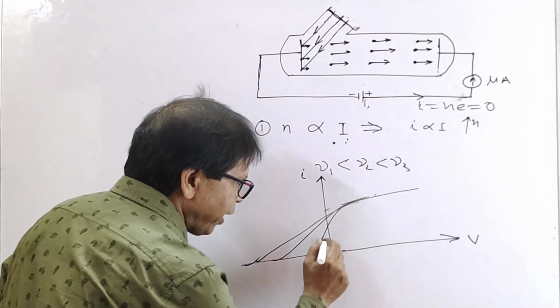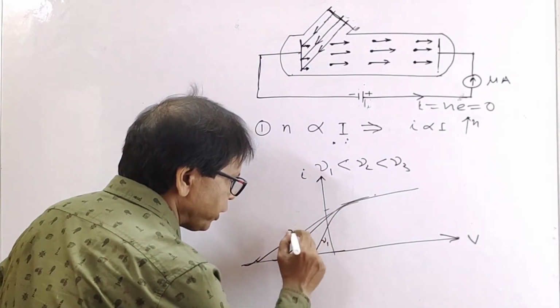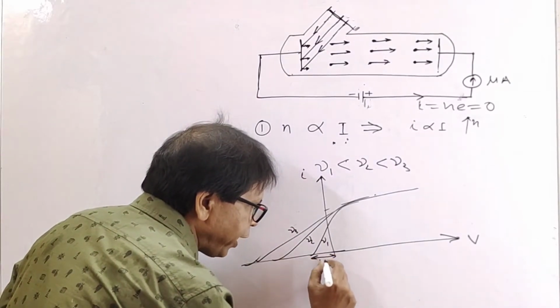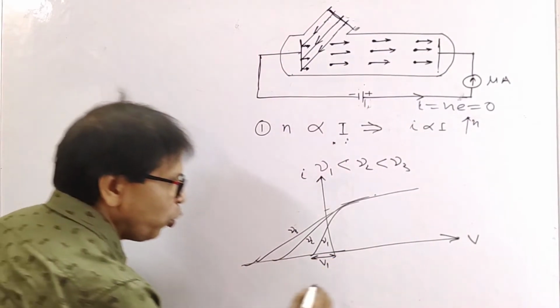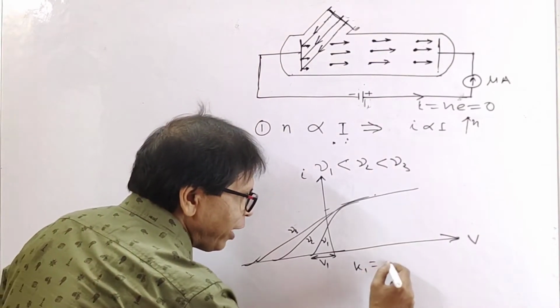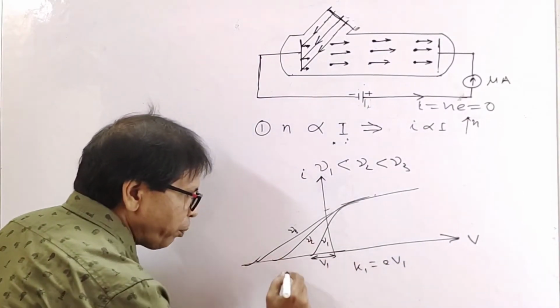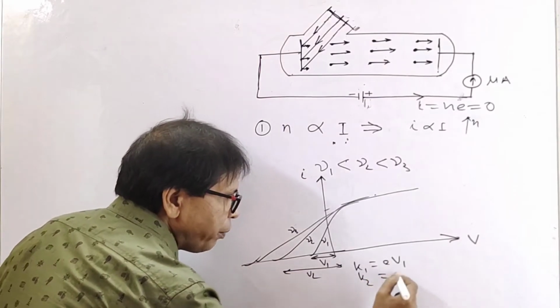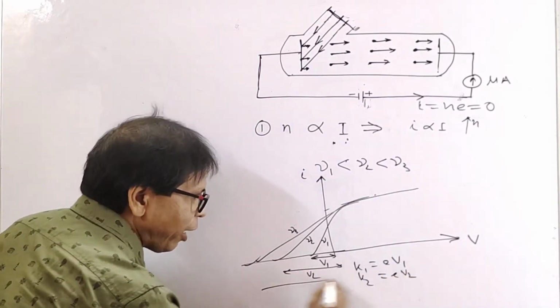Look at this, this is nu1, this is nu2, this is nu3. Now the stopping potential here is V1. So look at this, K1 is E V1. Now the stopping potential of this is V2. So K2 is E V2 and this is V3.